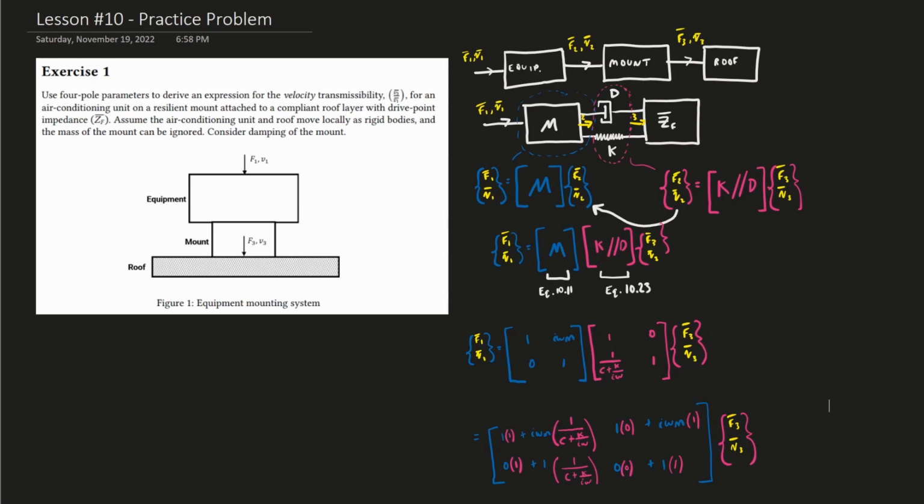To get the second element, we multiply the first row of the first matrix by the second column of the second matrix. To get our third element, we multiply the second row of the first matrix by the first column of the second matrix. And then to get the final element, we multiply the second row of the first matrix by the second column of the second matrix.